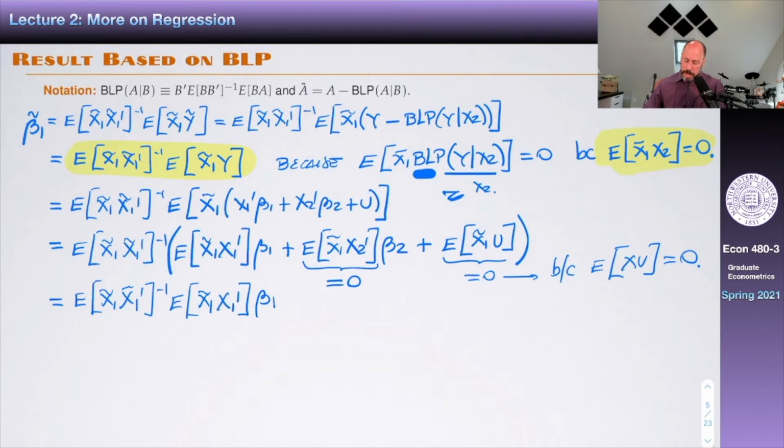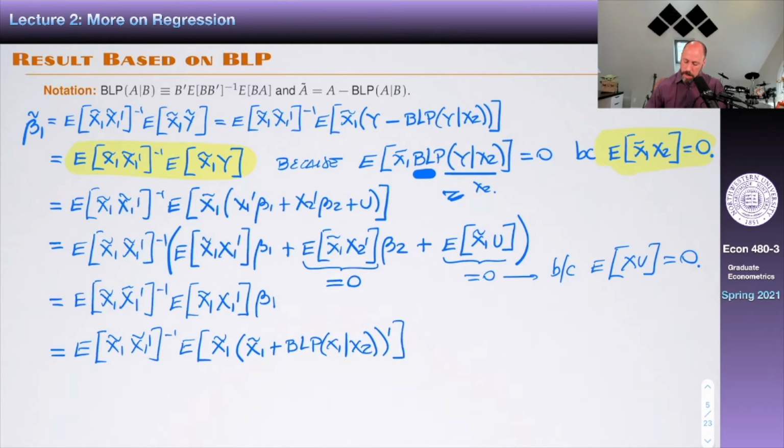So we're almost there. What I'm going to do is replace now the x1. And again, by definition, x1 is just going to be x tilde 1 plus the best linear prediction of x1 onto x2 prime.